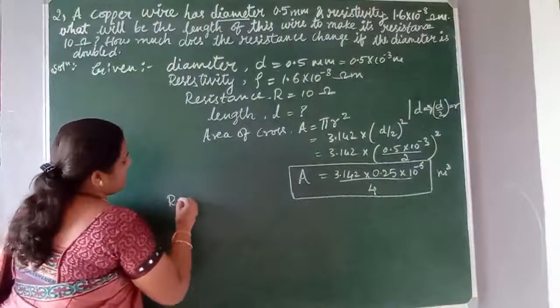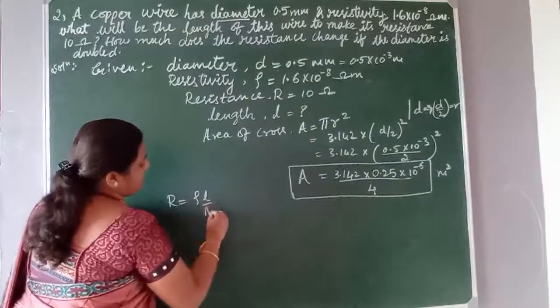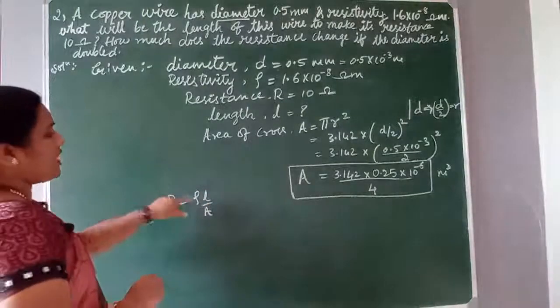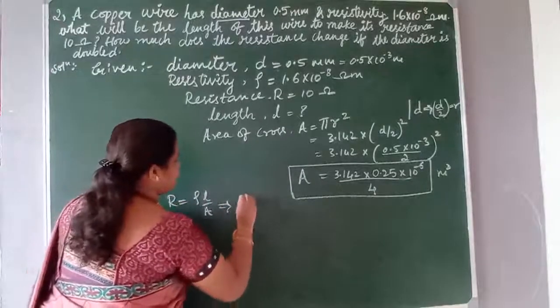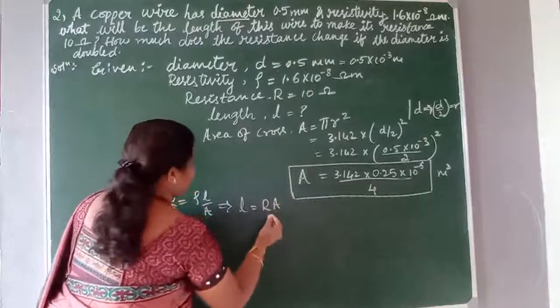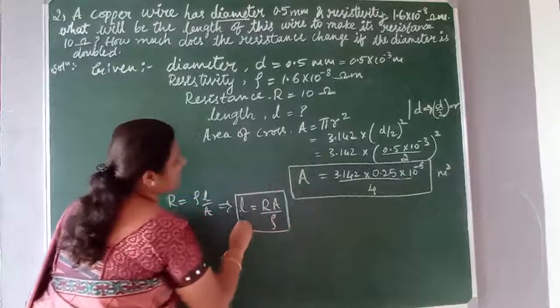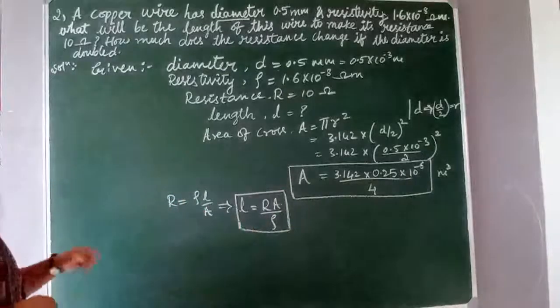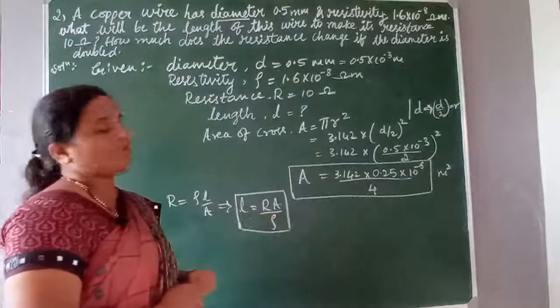What is that? R is nothing but rho into L by A, isn't it, children? What we need to calculate? L. Then how can we rewrite this? L is nothing but R into A divided by rho. This formula we have to use. Now we will substitute the given values in this formula, children.